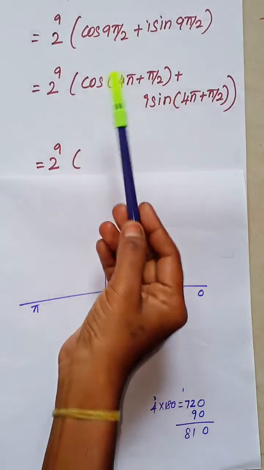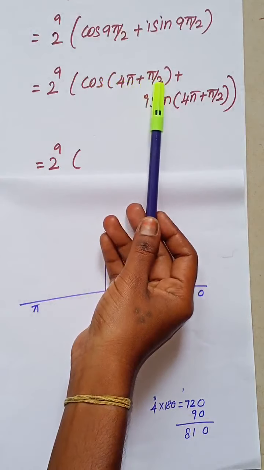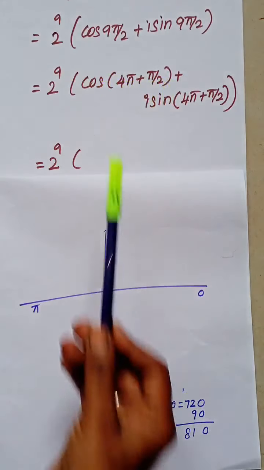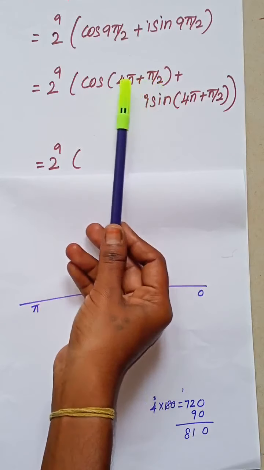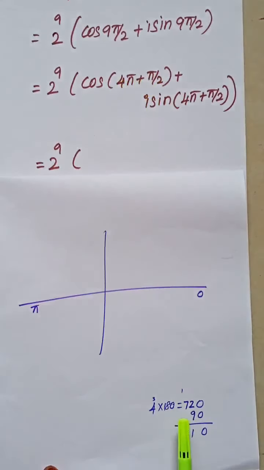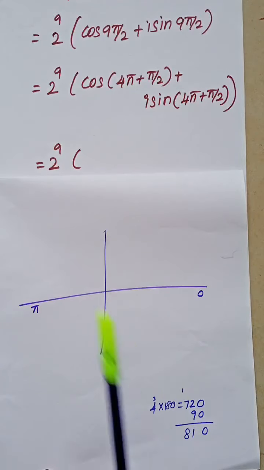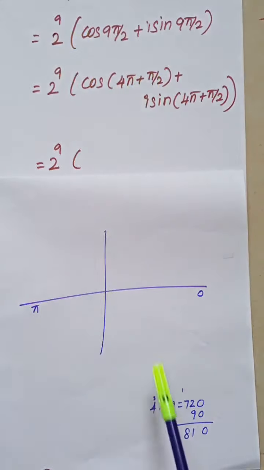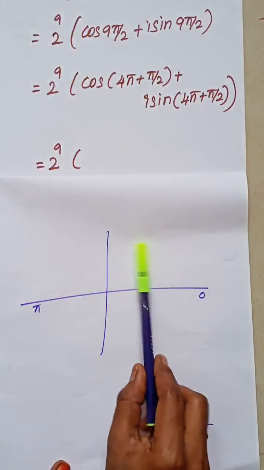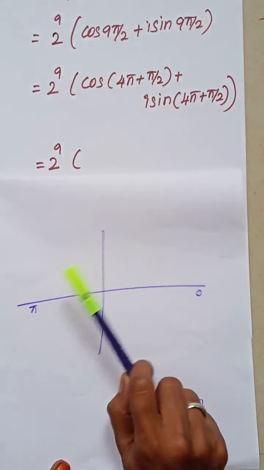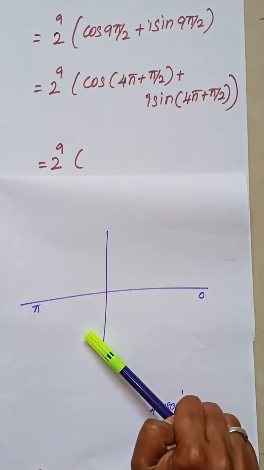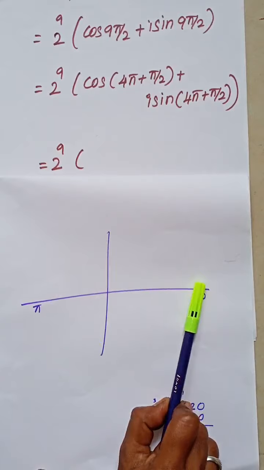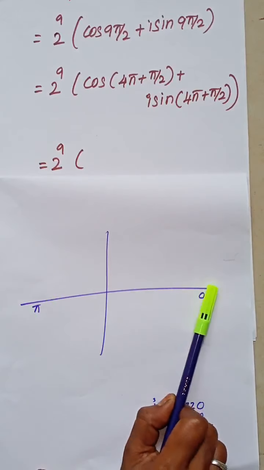You see, to find the value of cos of 4 pi plus pi by 2, first see the 4 pi value. 4 pi is 720 plus theta. 720 plus theta means this is 90 degree, this is 180 degree, this is 270, this is 360. 360 plus 360 is 720.